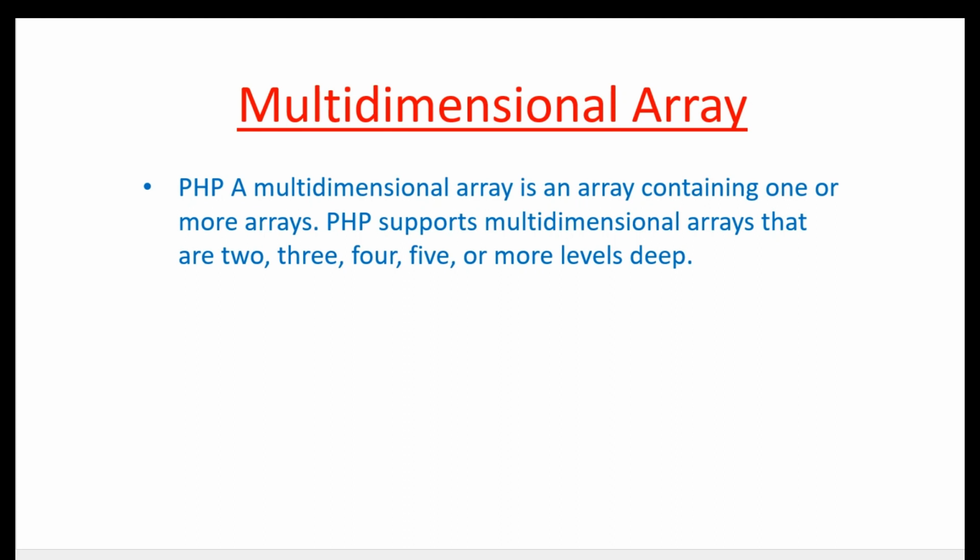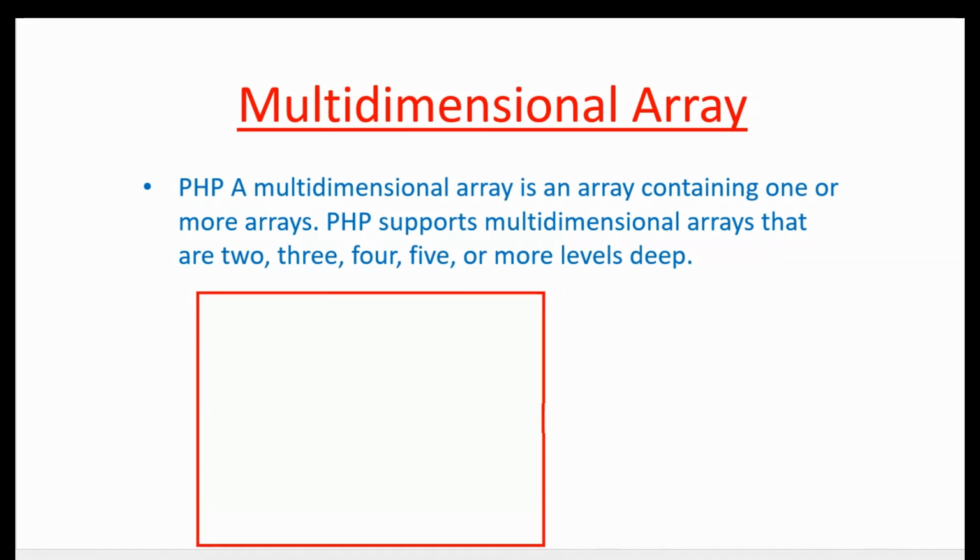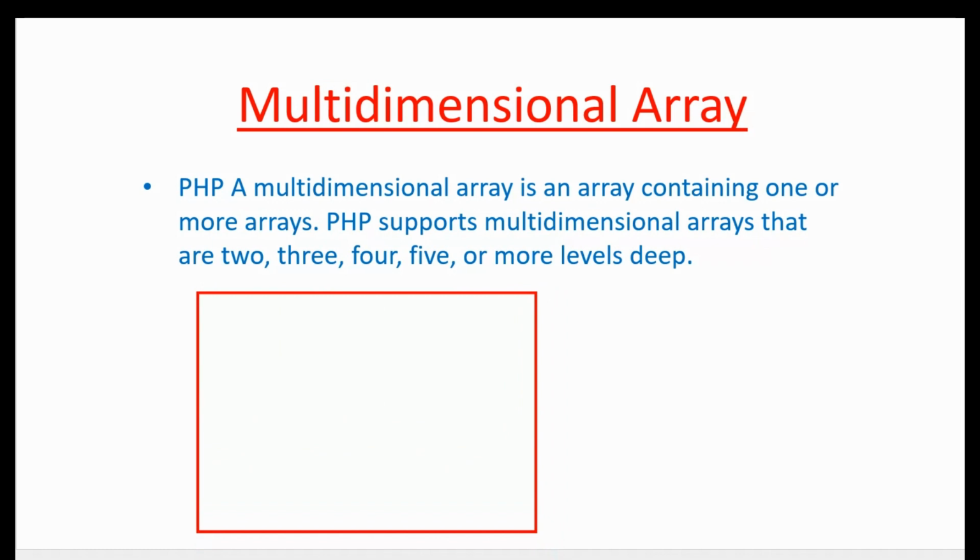Okay, now the multidimensional array. We write an array inside an array in the multidimensional array. It can be 2D, 3D, 4D, and can go continuously deeper. So here I can create a diagram. Just think this box is an array, and we are going to create another box inside this box.